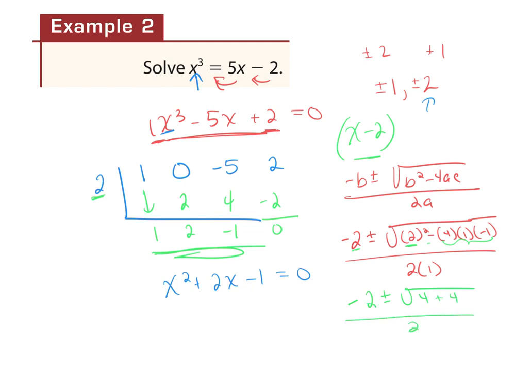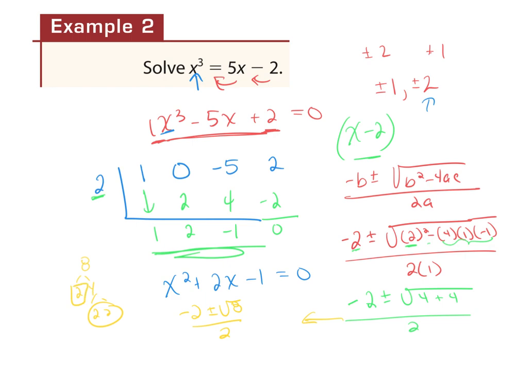When you have that, you're going to continue to simplify. Negative 2 plus or minus the square root of 8 over 2. Here's where you have to do your factor tree because 8 can be simplified, remember? 8, we have 2 and 4. 2 and 2, if it pairs up, it comes out. If it doesn't, it stays in.